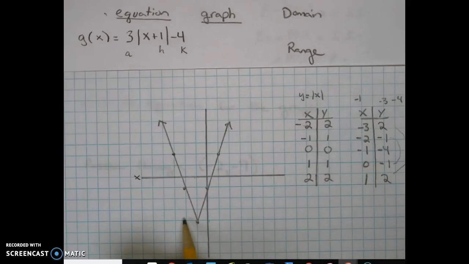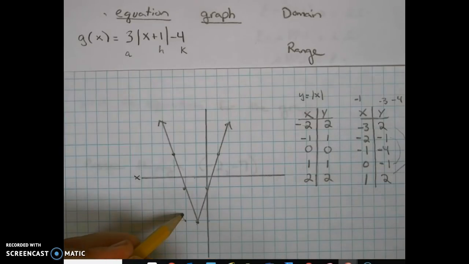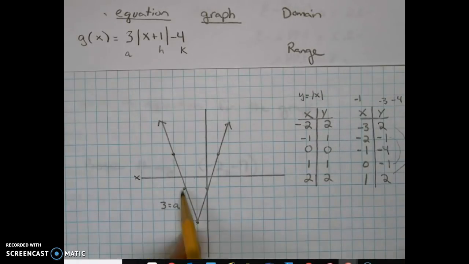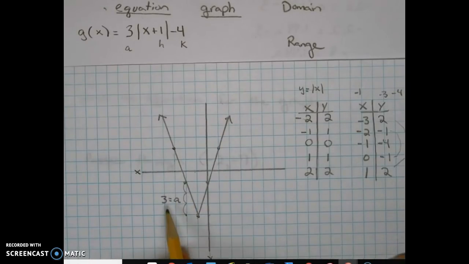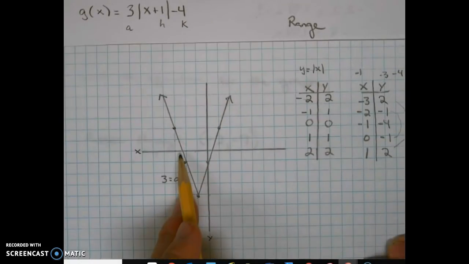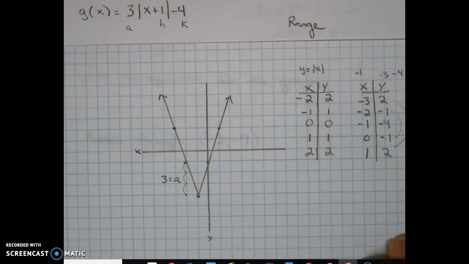Okay, this works for absolute value and quadratic. If you count up to the very first point, this represents your A value, which is 3. Now remember, if you count up, it's going to be positive A value. If your V is going down, your A value is going to be negative.